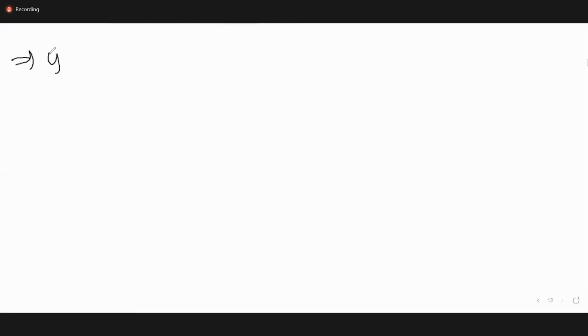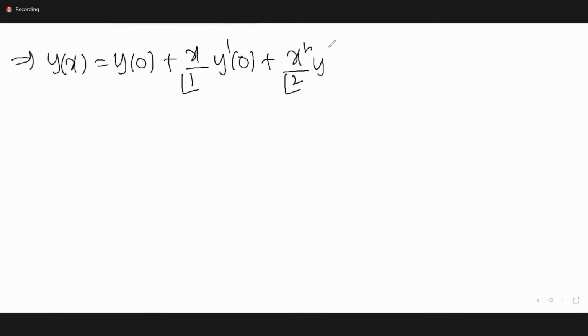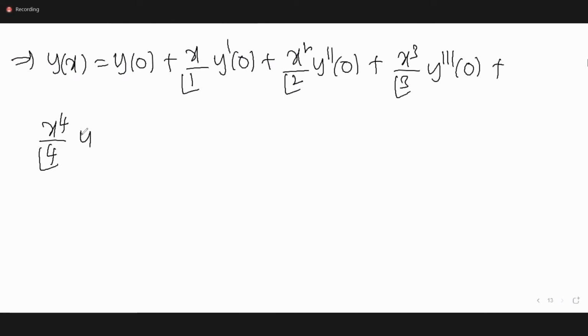That implies y of x is equal to y of 0 plus x minus 0, that is x, by 1 factorial into y dash of 0 plus x square by 2 factorial into y double dash of 0 plus x cube by 3 factorial into y triple dash of 0 plus x power 4 by 4 factorial into y fourth derivative of 0 plus so on. So what is y of 0? 0. Y dash of 0? 0.